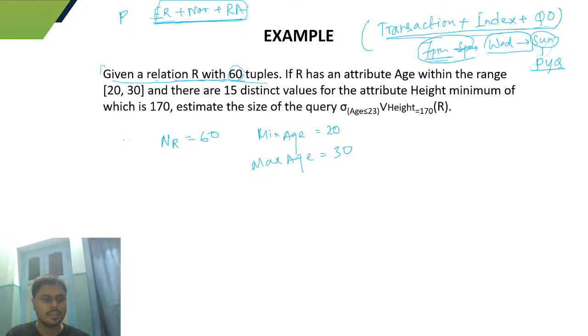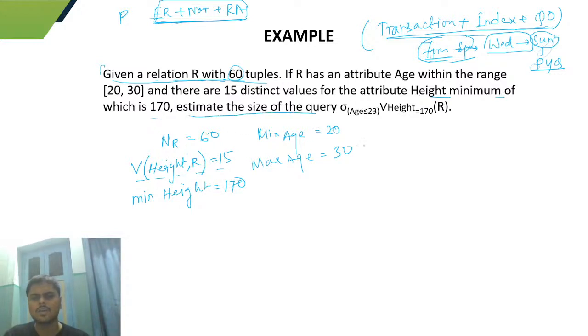Not age but height: we have 15 distinct values of height in R. This is the notation of distinct values for attribute height, the minimum of which is 170. So the minimum value of height is 170, obviously given in centimeters, right? You need to find the size of the query.